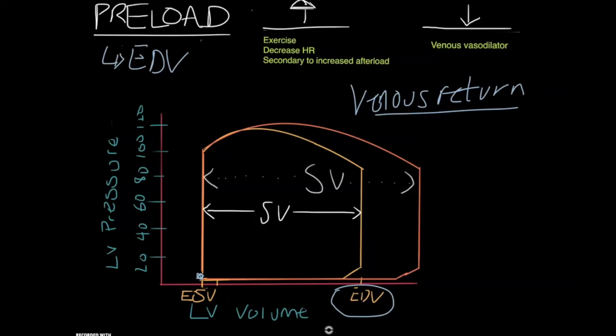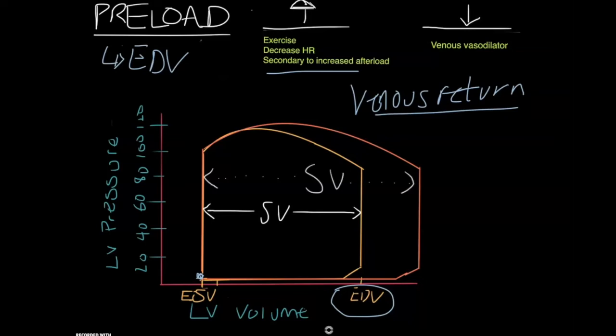Now, if all things stay constant here, like your heart rate, well, your fill time is going to remain constant, and as a result, your end diastolic volume is going to increase. Your end diastolic volume will ultimately increase because you're going to pump less blood out, you're going to have a greater end systolic volume, and you'll ultimately end up with a higher end diastolic volume.